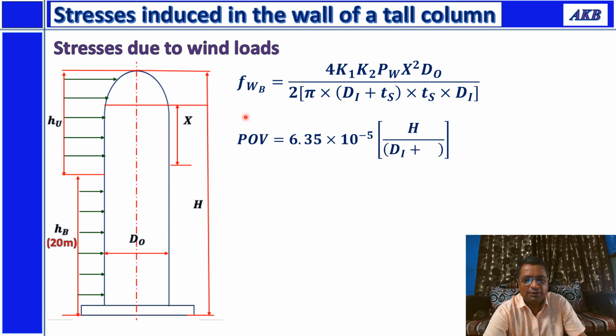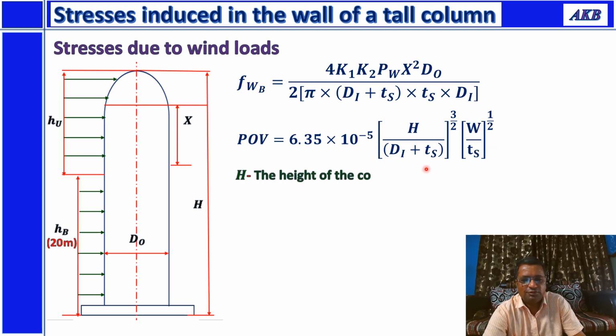As I said, we need to calculate the period of vibration here for deciding the value of K2, and that period of vibration is given by this equation. POV is equal to 6.35 into 10 to the power minus 5 into (H upon DI plus TS) raised to 3 by 2 into (W by TS) raised to 1 by 2.